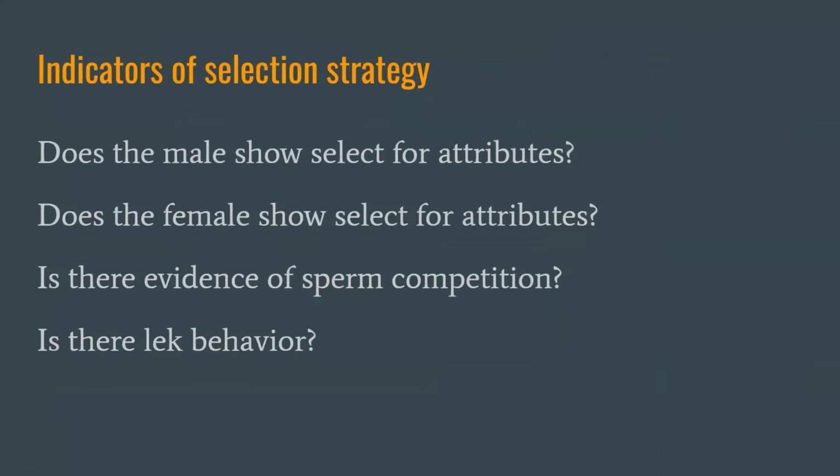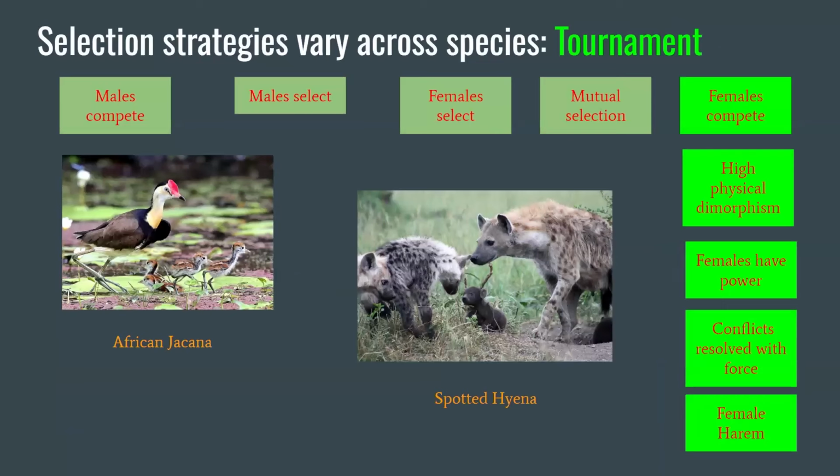And then finally, you can have a case where females compete, and then you got a high dimorphism again, but this time it's the females that are the big ones. And they take on the role of doing things like protecting the herd. And it's the males who raise the infants. But this is very rare.